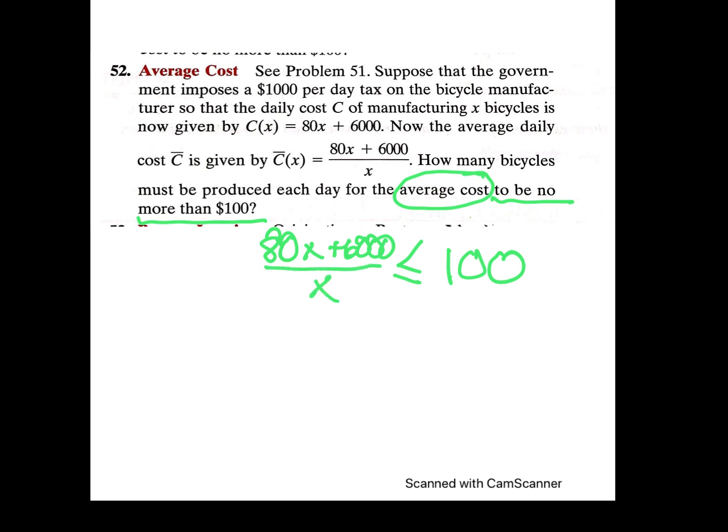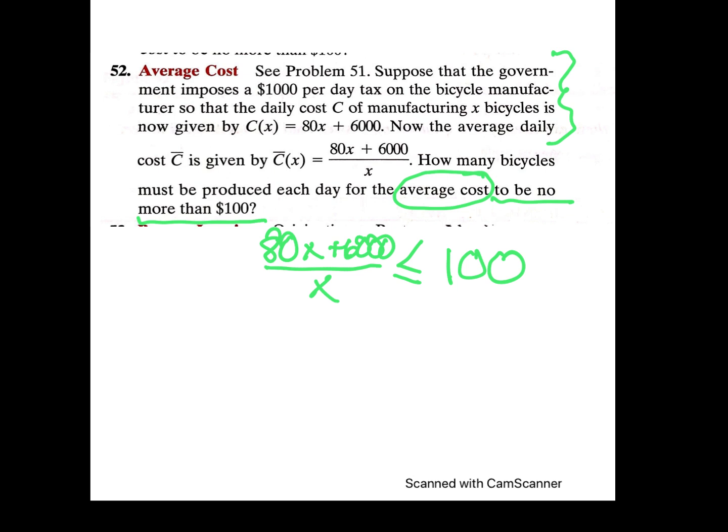Now, what was the rest of this problem about before we go about solving it? The rest of this problem was about explaining how they got to the average cost function. Lots and lots of, quote, story problems do that in algebra and mathematics. They have explanations of how to get to the formula.